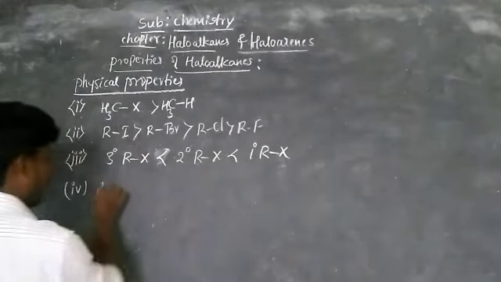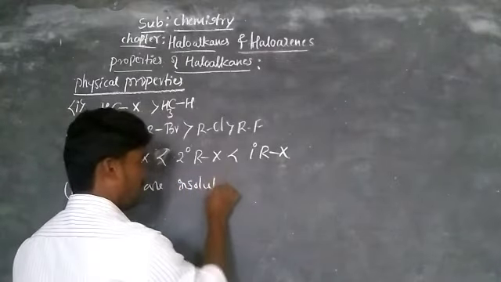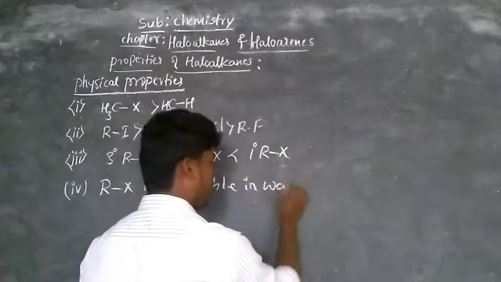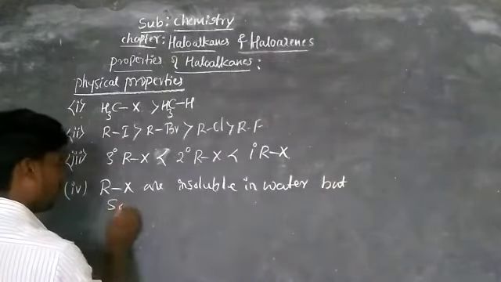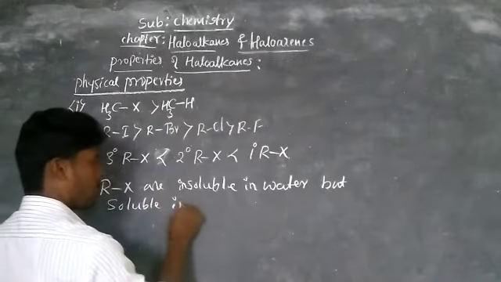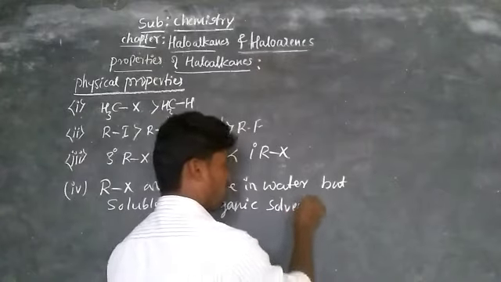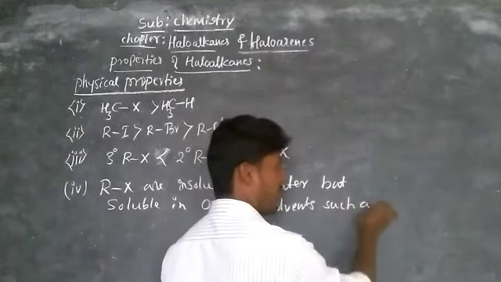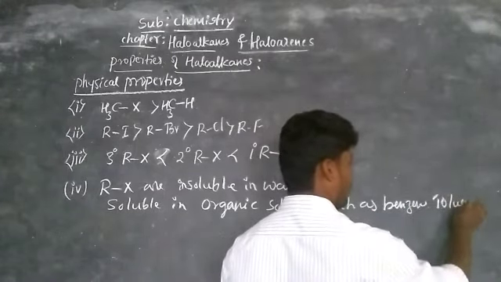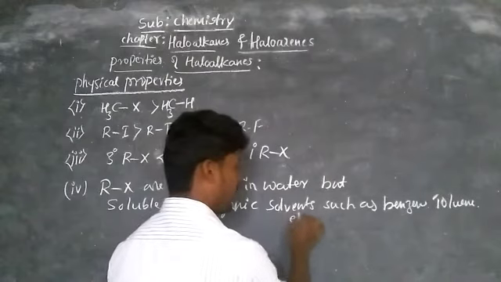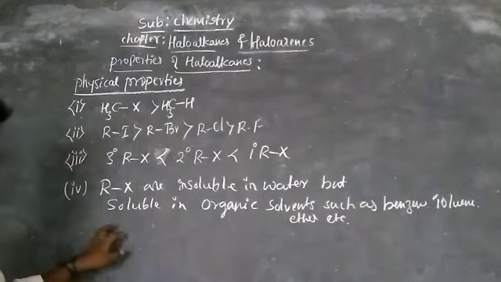That is, alkyl halides are insoluble in water, but soluble in organic solvents such as benzene, toluene, ether, etc. So this is the solubility of alkyl halides.